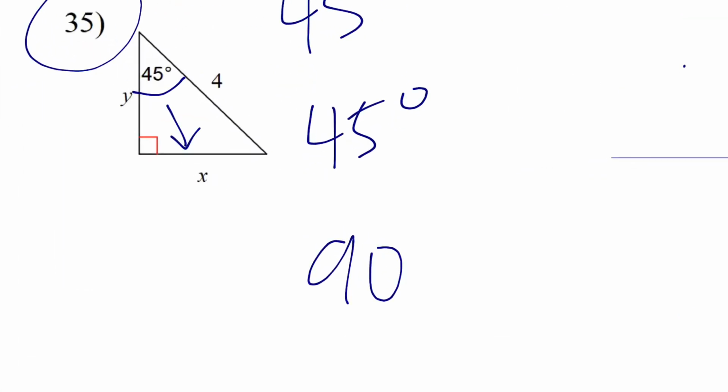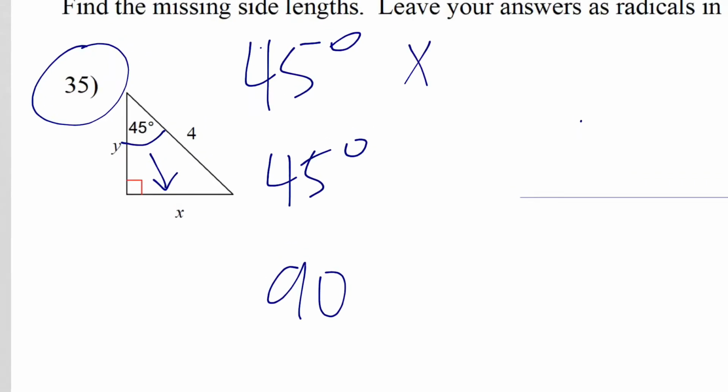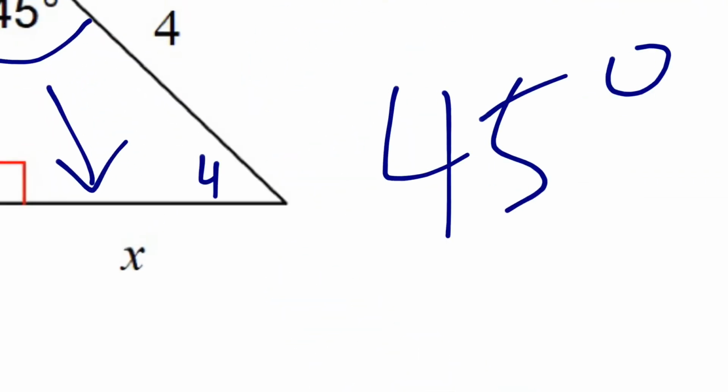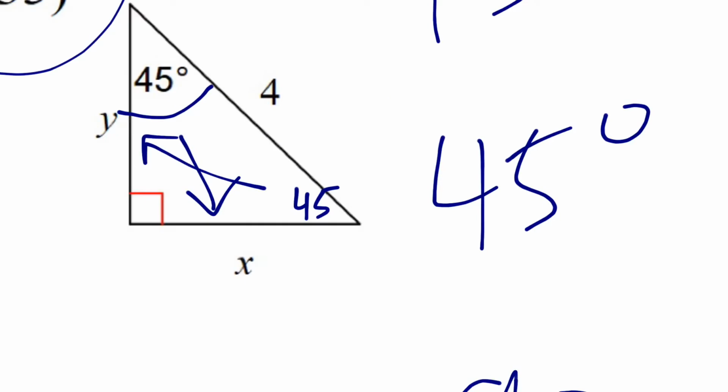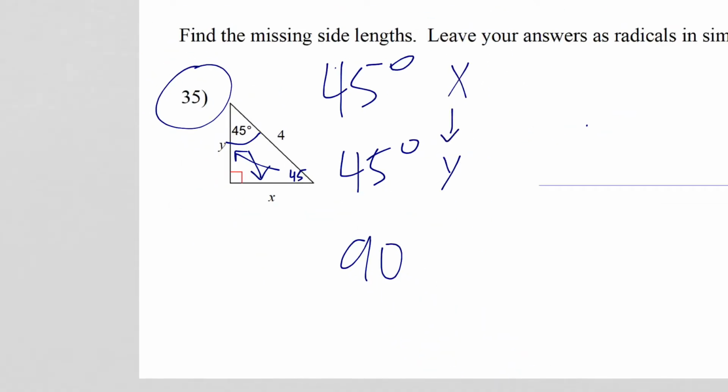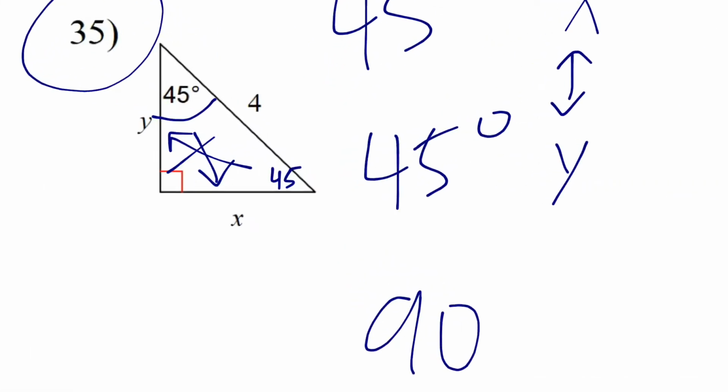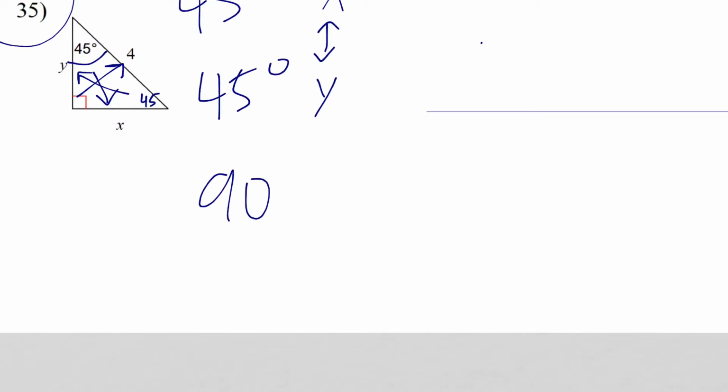So I don't know the measurement of the other angle except that it's x. The other 45 will also be x, or in this case y, but these two are actually the same because this is an isosceles triangle. The legs are congruent. The value that I do know is the hypotenuse.